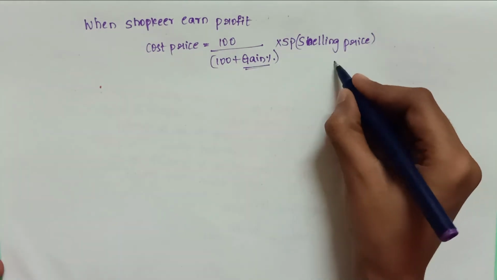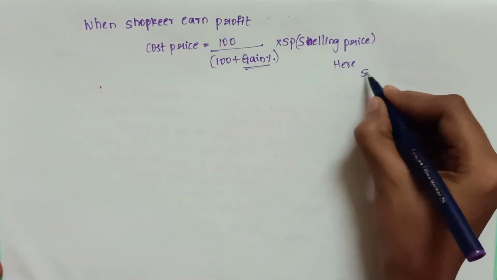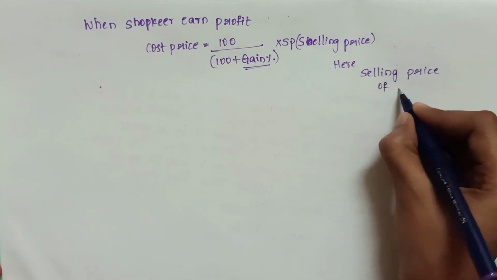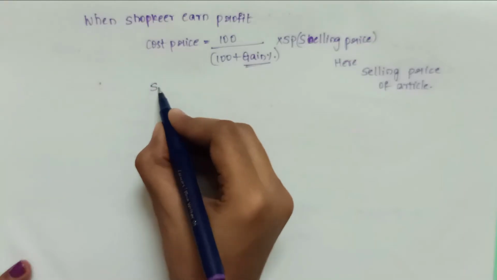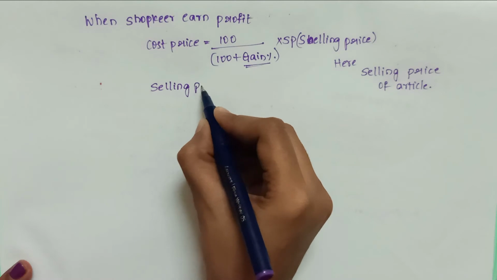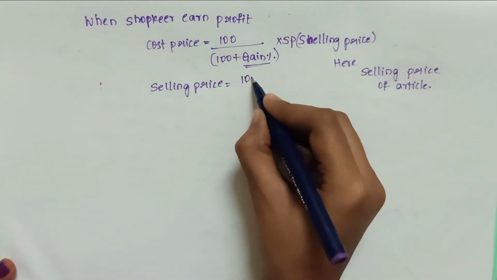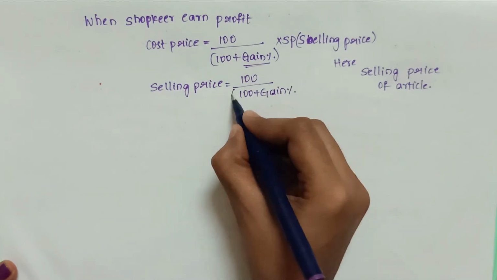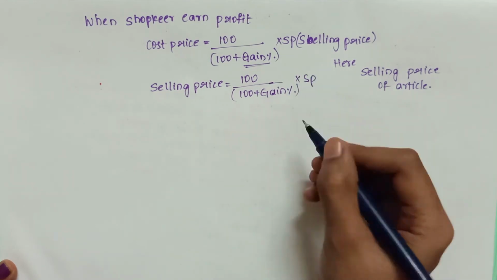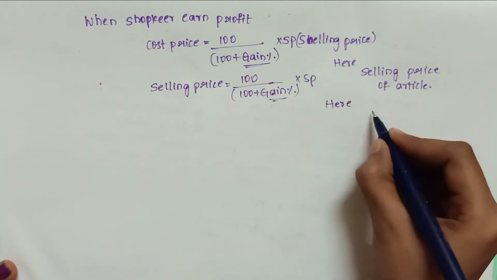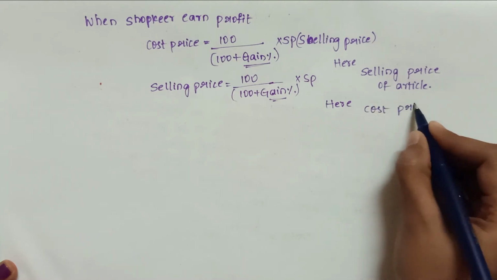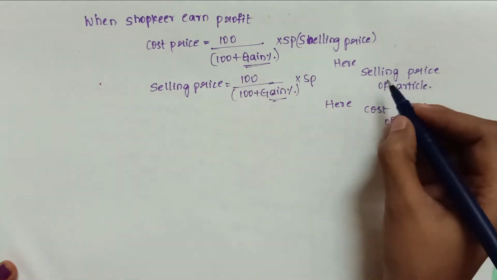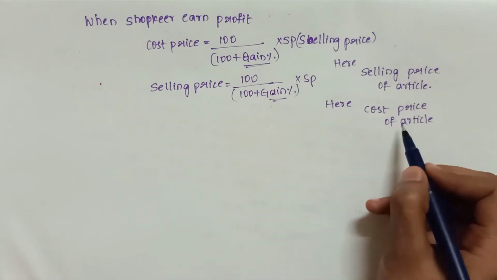Here gain means selling price of an article. Selling price is equal to 100 by 100 plus gain percent into SP. Here gain means cost price of an article. Previous one gain means selling price. Now gain means cost price.